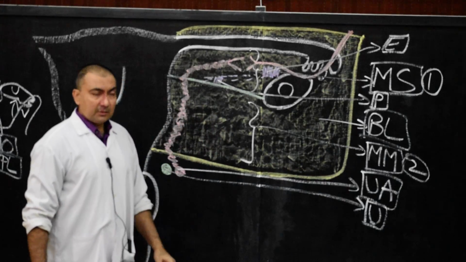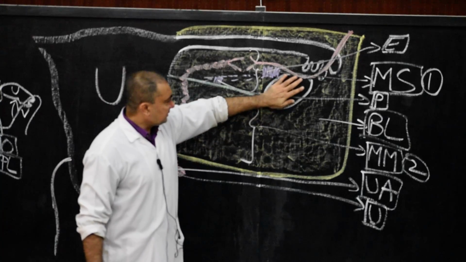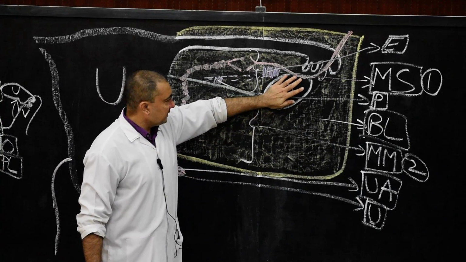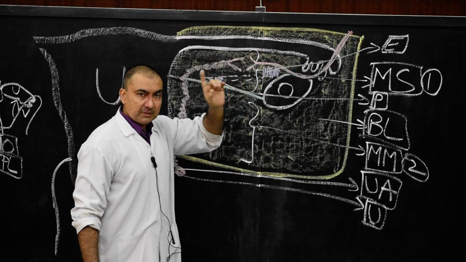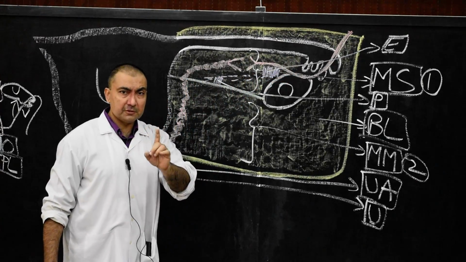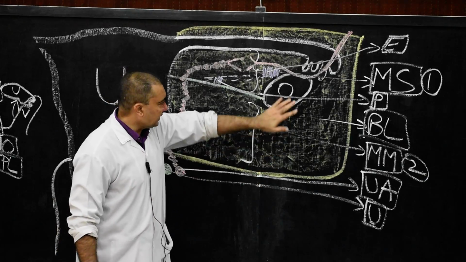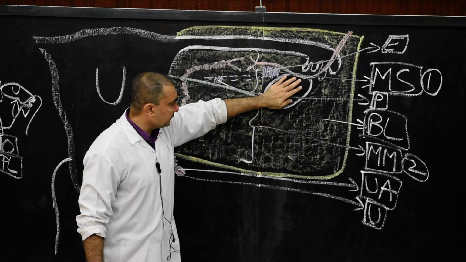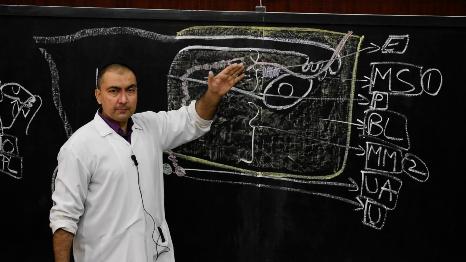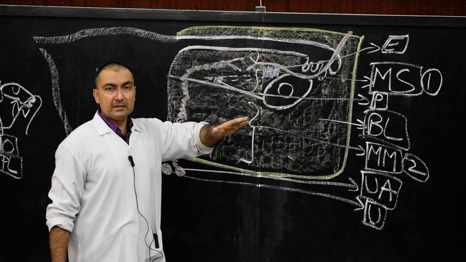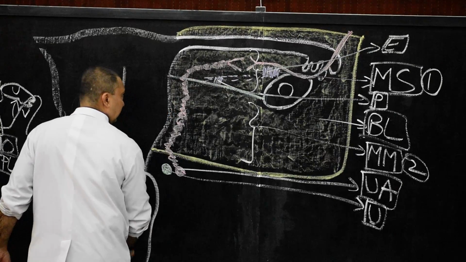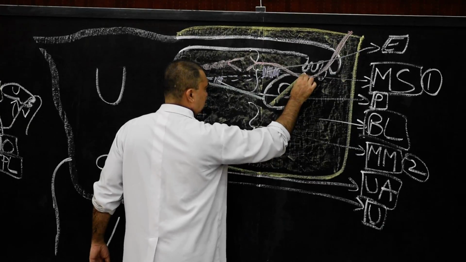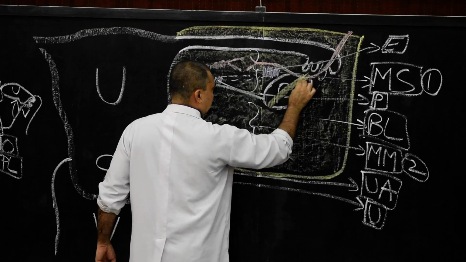Third, this is the ovary, and we know that the ovary is related with the posterior superior surface of the broad ligament. There is a portion of the broad ligament which is attached between the anterior border of the ovary and the posterior superior surface of the broad ligament.